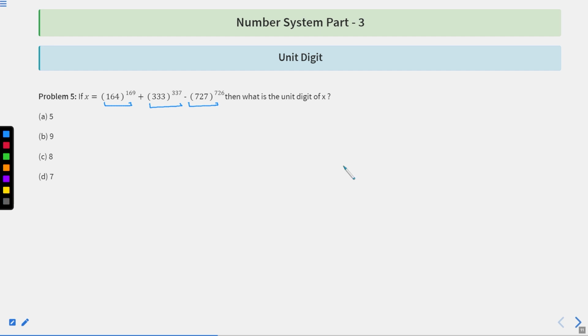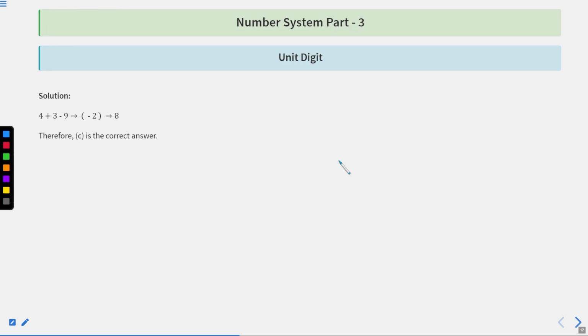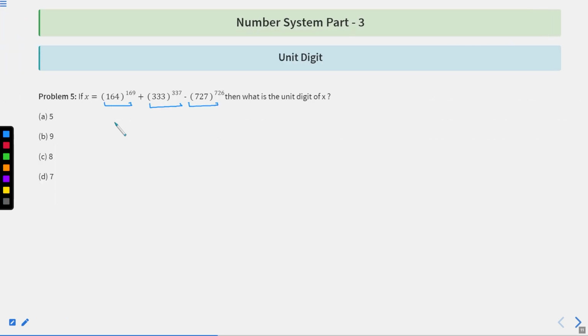Similarly do for 726. Once we are done, the unit digit for the first part will be 4, for the second part will be 3, and the third part will be -9. On simplification, you will get 8. So the correct option here is C, that is 8.